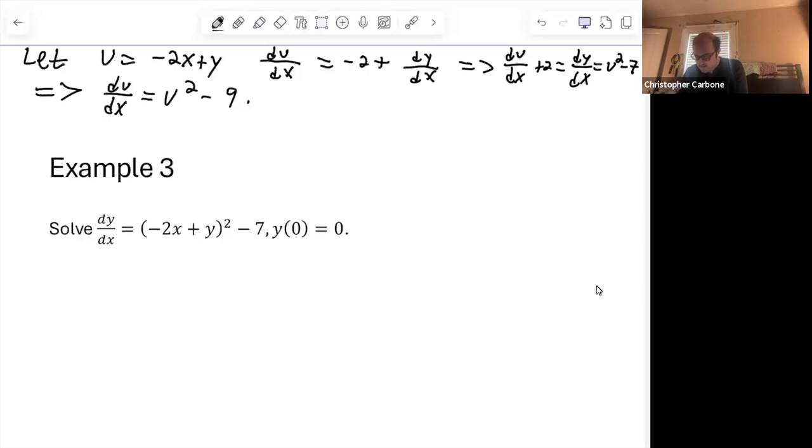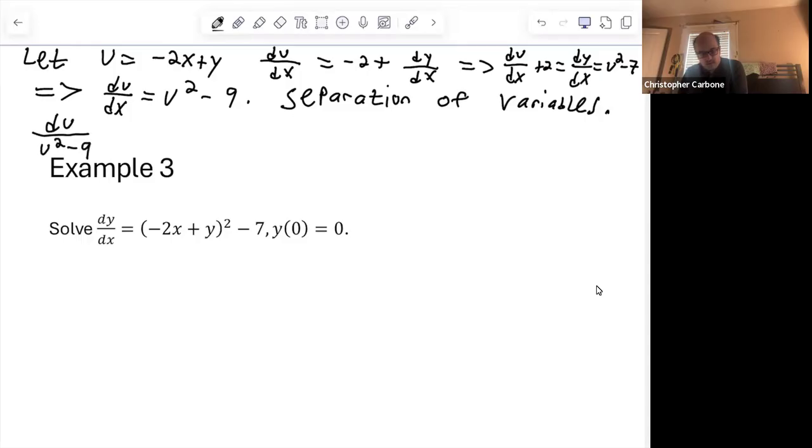So using that separation of variables, we would get du divided by u squared minus 9 is going to be equal to dx.